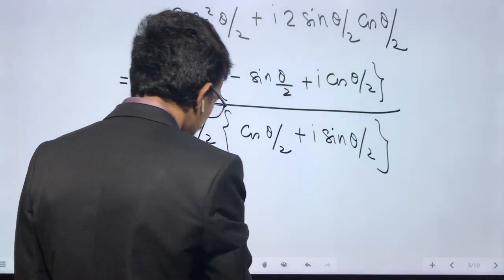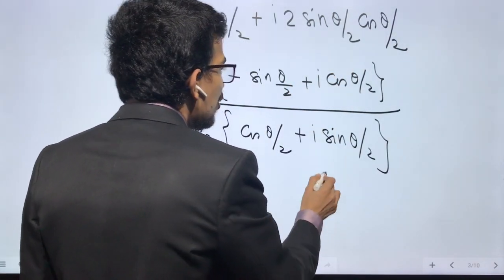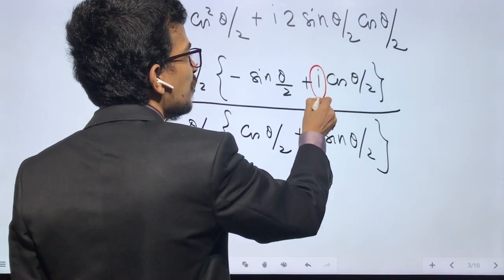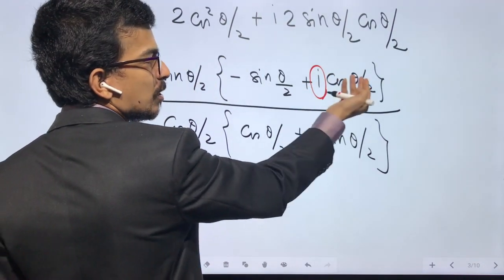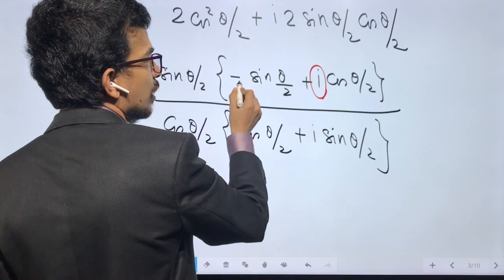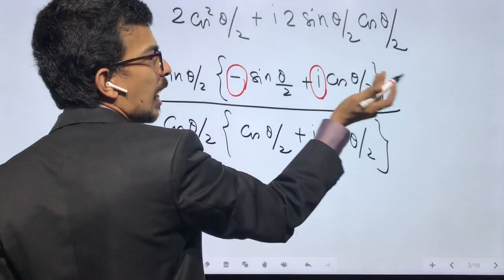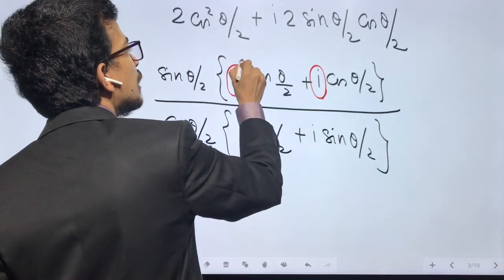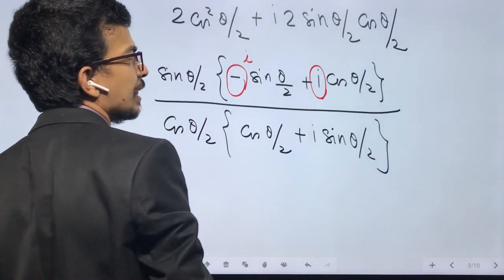But if you can take i outside from the entire expression, from minus 1, if you take i out, what is going to be left? It will be i.